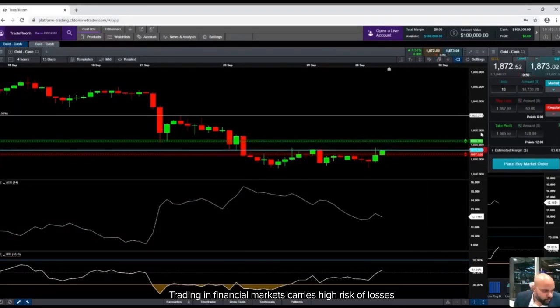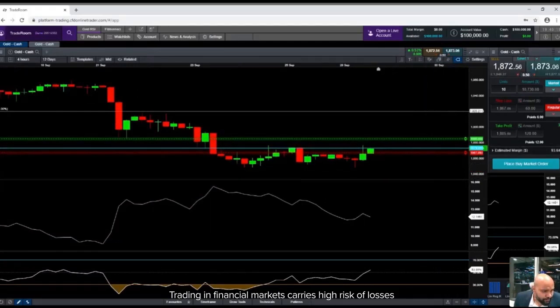Now, let's say if this is too risky or too low, you can always increase your number of units. Let's say we increase it to 20. The price level remains the same, it's still $12, but your profitability and your risk increase along with the number of units.